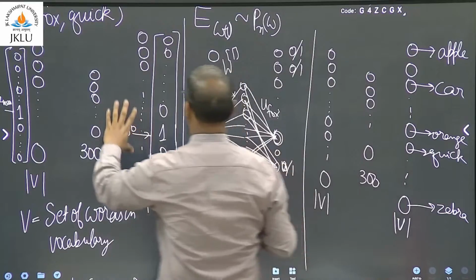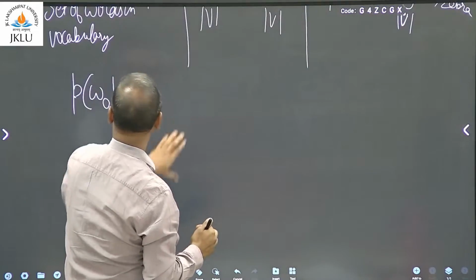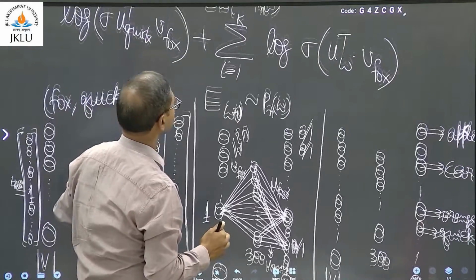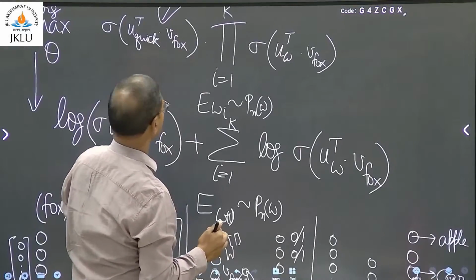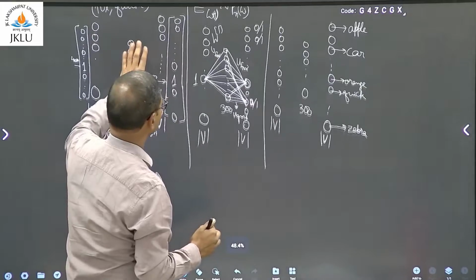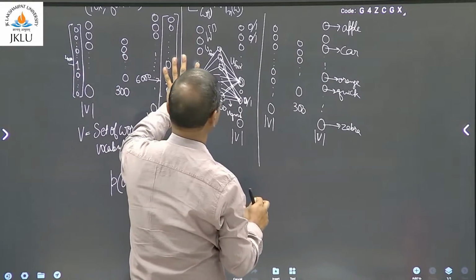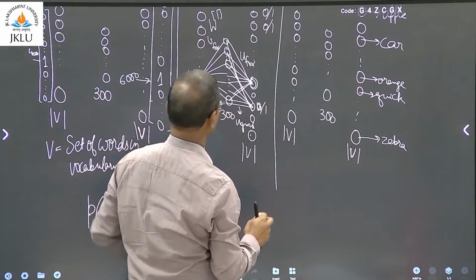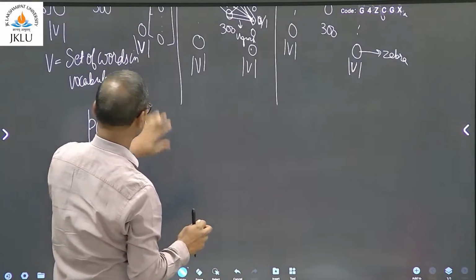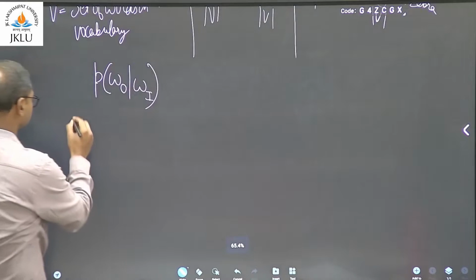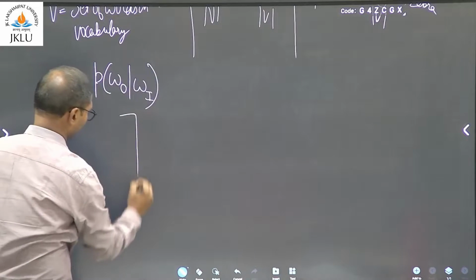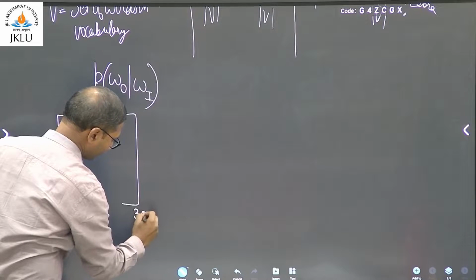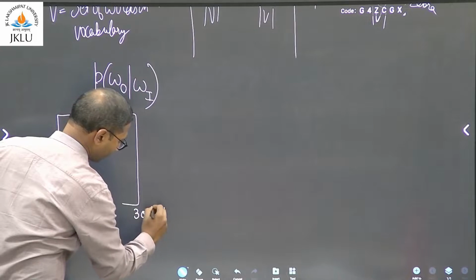I just need some small space, which I also don't have. Okay, so let me do it here. What are the dimensions? 300 cross mod v.